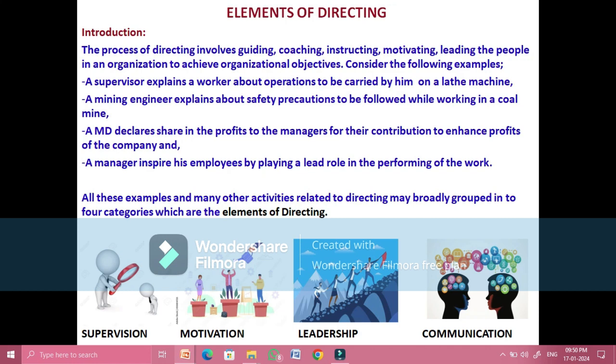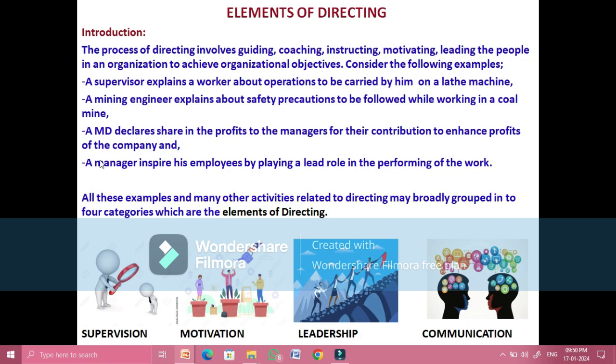If he enhances the profits of the company, definitely some share in profits will be given to the manager. That will be a motivating factor for the manager to work efficiently in the organization. So here we can see motivation. Under directing, this is another element.